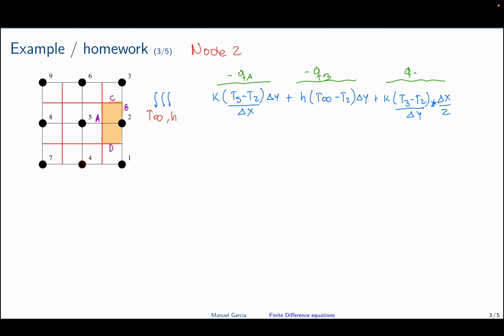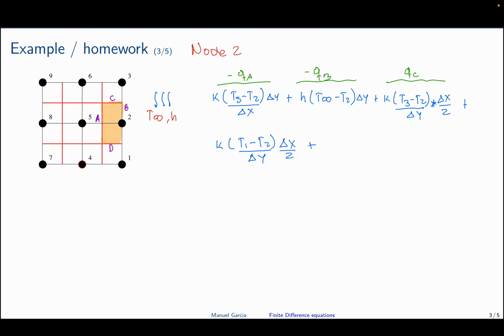Now QD is very similar to C, so it's k multiplied by T out, so out is this, in is this, so it's T1 minus T2, divided by delta y, because we are moving perpendicular to the area, and the area is this section, which is again half, so delta x divided by 2.